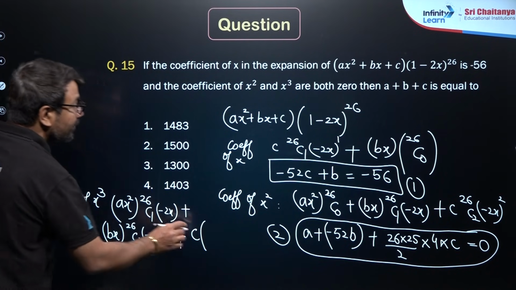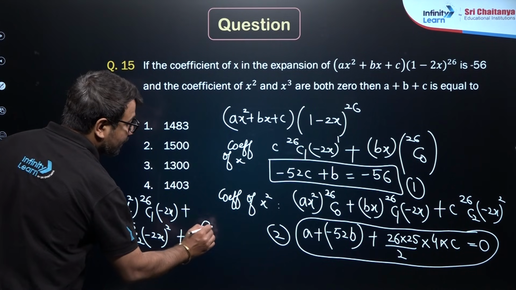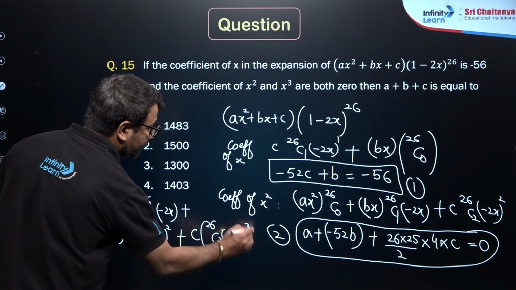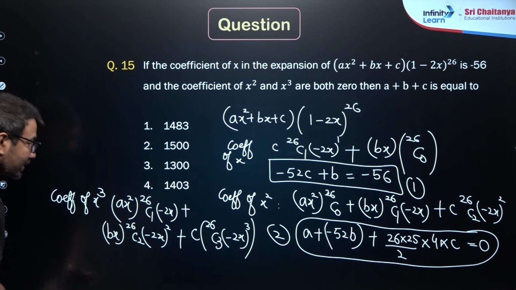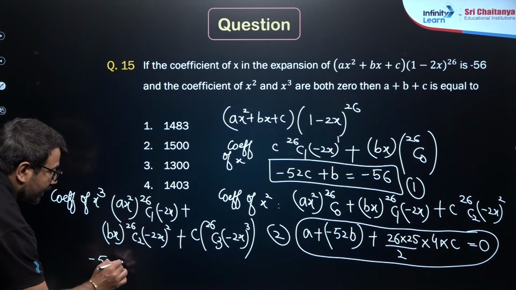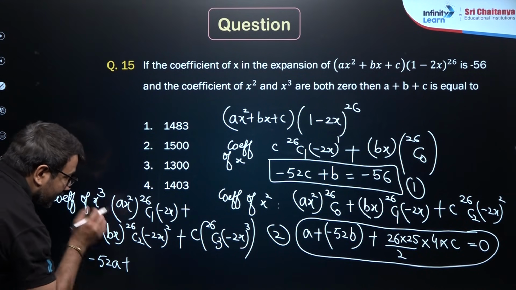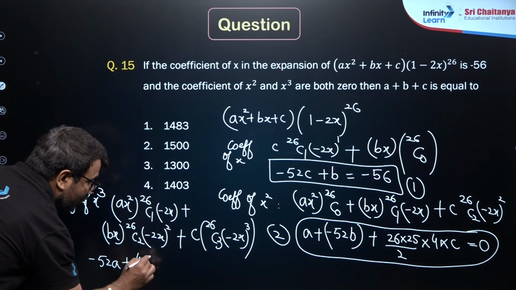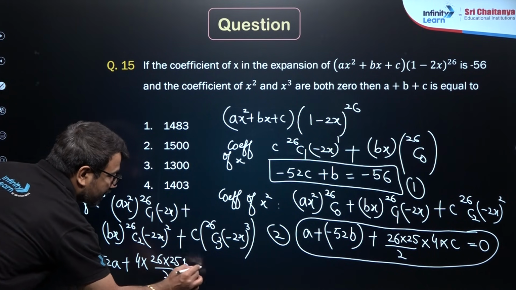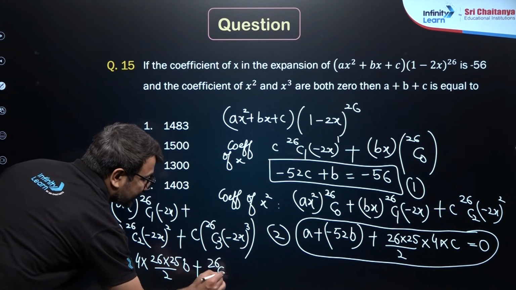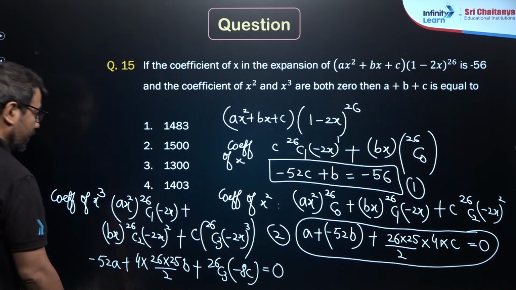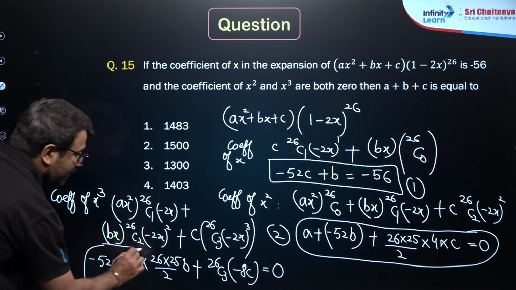Or you take c from the first bracket and then 20C63 and (-2x)^3 from here. If you consider only the coefficients, it will be -52a. Then here it will be 4 times 26C2 into b, and then 26C3 into -8c. This is also 0. So we have three relationships.